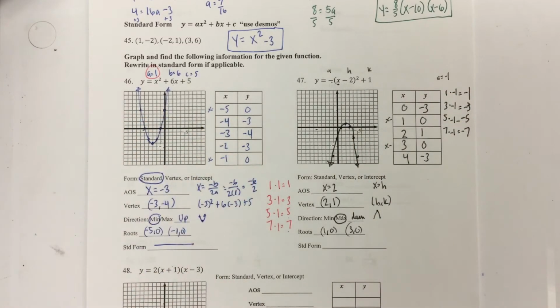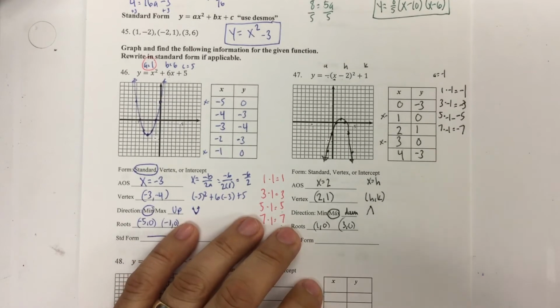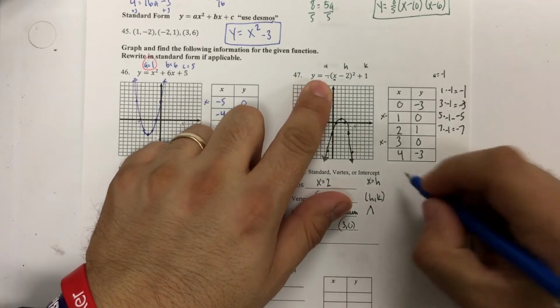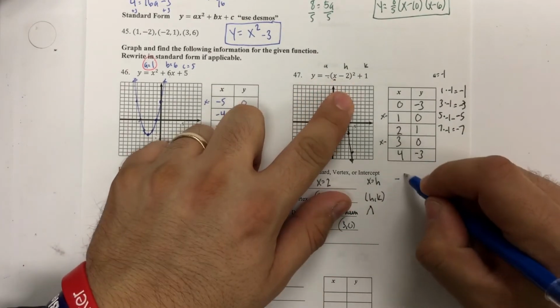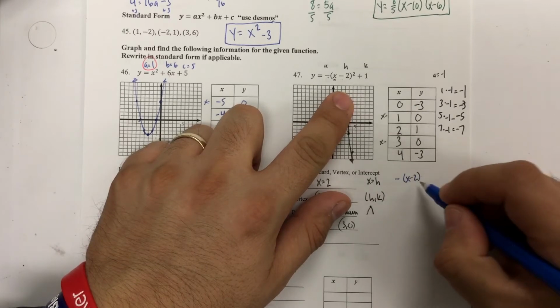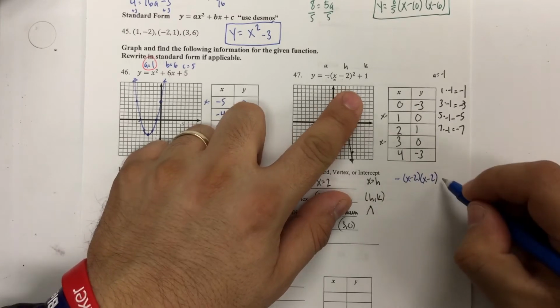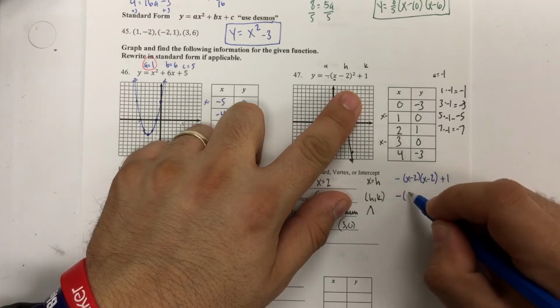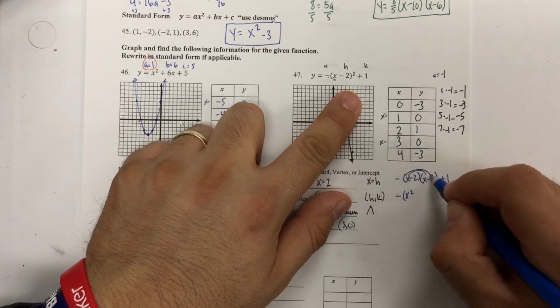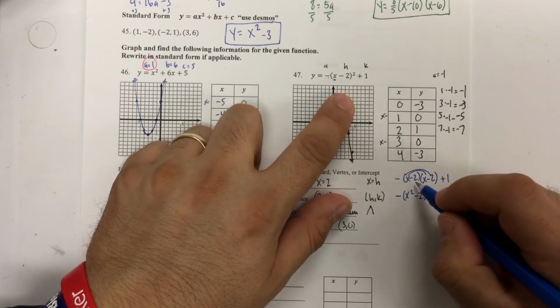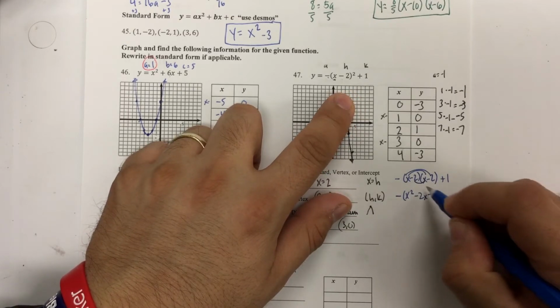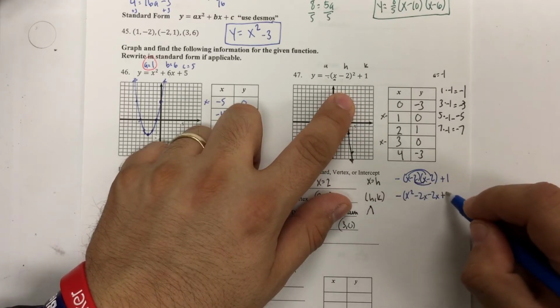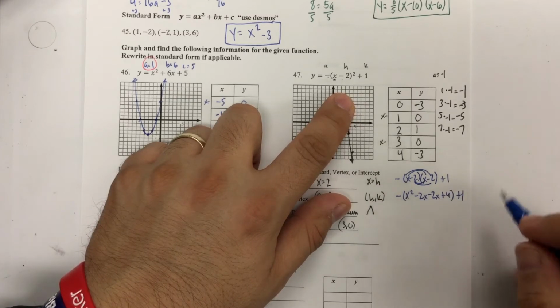Now let's talk about standard form. So for standard form, we're going to leave the negative sign there. The square means there's two of them, so x minus 2 times x minus 2 plus 1. So negative, you're going to FOIL this out, so x times x is x squared. X times negative 2 is negative 2x. Negative 2 times x is negative 2x, and negative 2 times negative 2 is positive 4. Don't forget your plus 1.